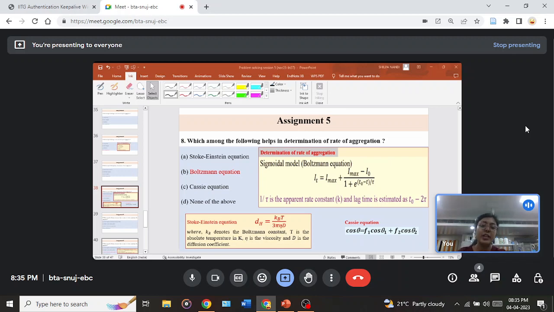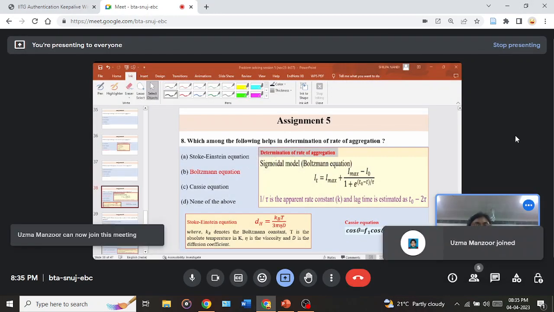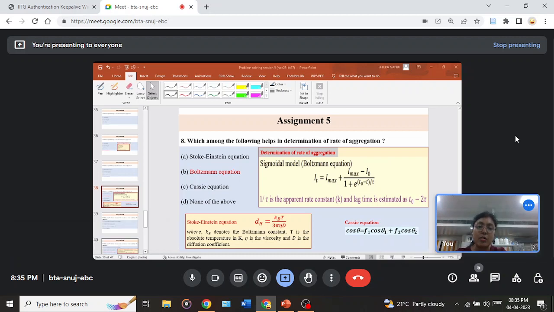However, if you read it properly, 1 by tau is the apparent rate constant K. And lag time is estimated as t naught minus 2 tau. So your rate of aggregation can be determined using this rate constant K, which is 1 by tau.